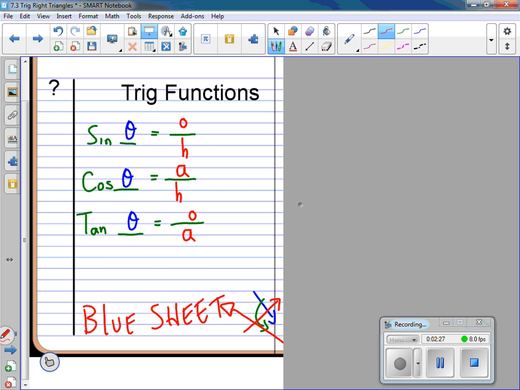In other words, the sine of this angle should be equal to the ratio opposite over hypotenuse. Depending on what angle you're looking at, the opposite side is going to be possibly different than for some other angle. So the cosine of this angle is equal to the ratio, the fraction, of the adjacent side to the hypotenuse, and the tangent is opposite over adjacent.